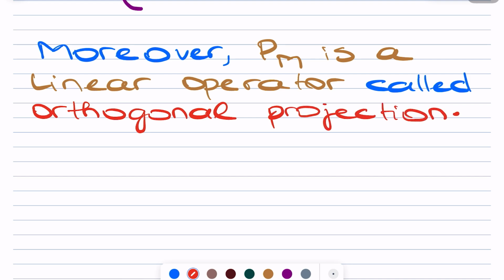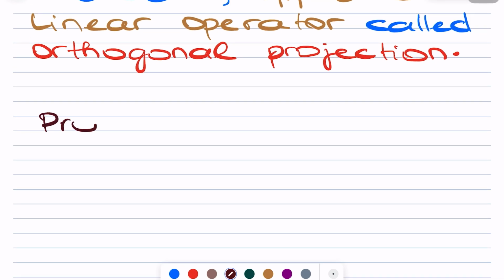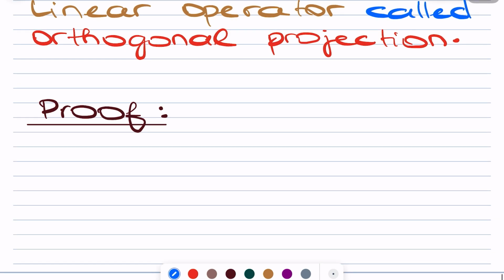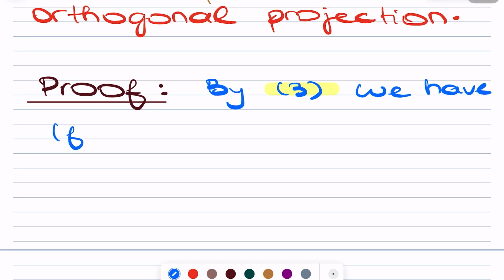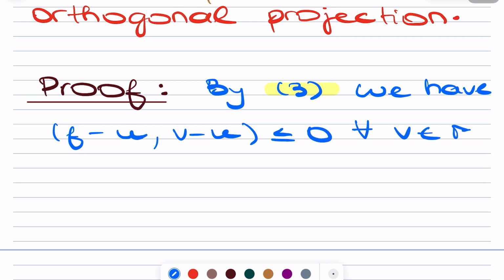Good. So let's have a look at the proof very quickly. The good thing is that by (3), we proved this already, we know that projections are characterized by the scalar product of f minus u and v minus u being less or equal than 0 for every v in M. And this we know already.